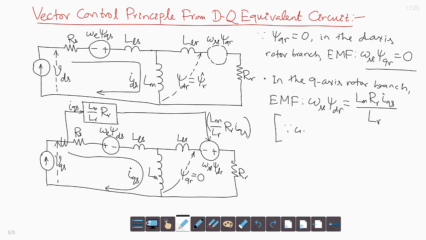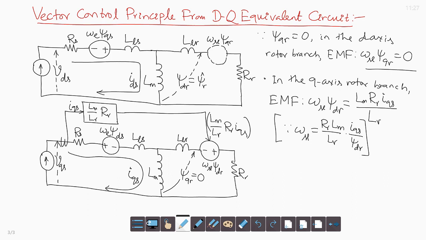Since for indirect vector control, omega SL is RR Lm by LR into IQS by psi dr. This is what it is for indirect vector control. So, omega SL psi dr is given by this expression. Because psi QR is 0, this EMF omega SL psi dr is Lm RR into IQS by LR, this is the EMF.